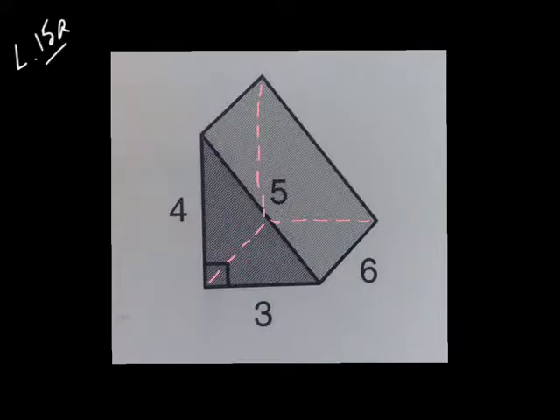That's one area. We've got this back triangle right there. We have the back, which in this case is a rectangle. We have the bottom, and we have the side. So for this particular triangle, we have 1, 2, 3, 4, 5 different sides.